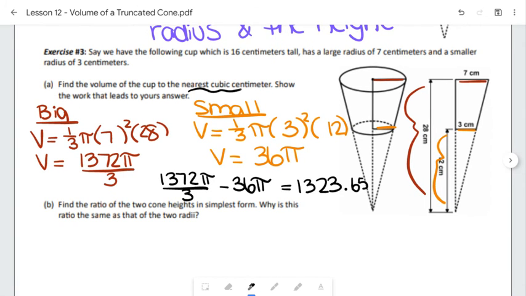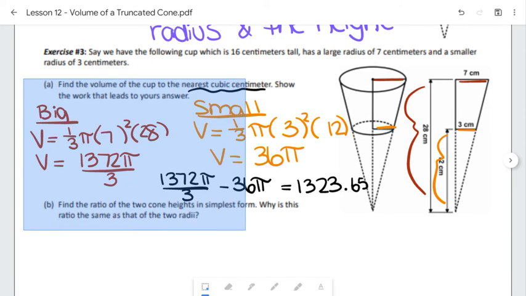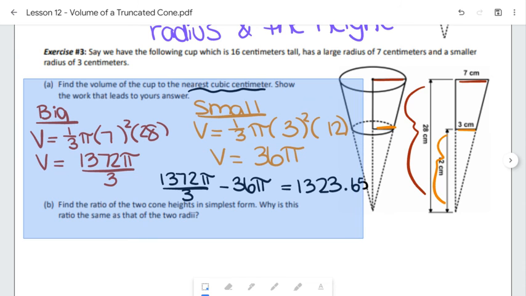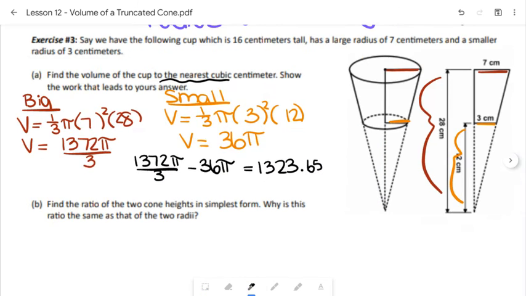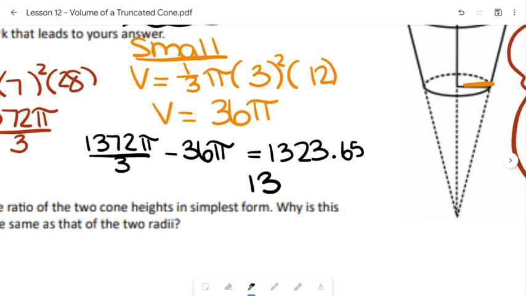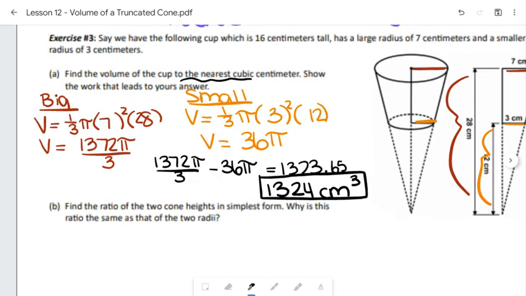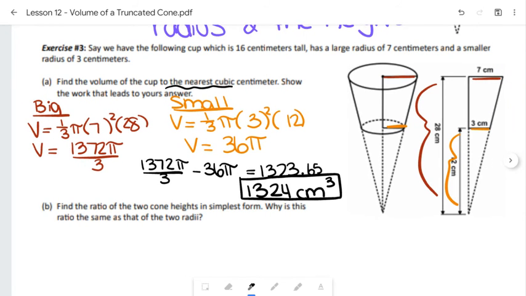And when it says to the nearest cubic centimeter, I'm going to shrink some stuff in here so I have some room to write our final answer: 1,324 centimeters cubed. And that's it, right? That's how we'd find the volume of our cup, which makes sense.